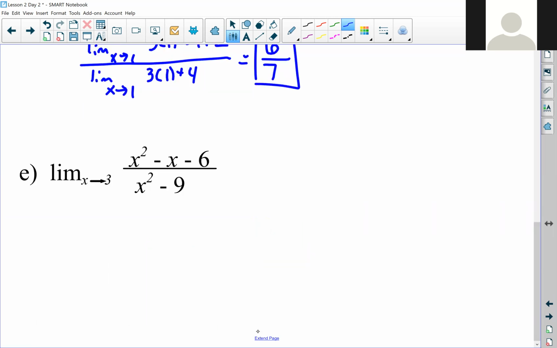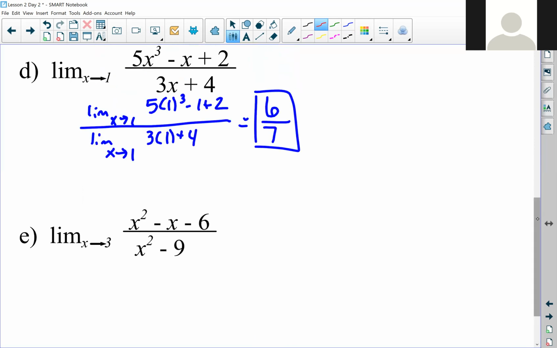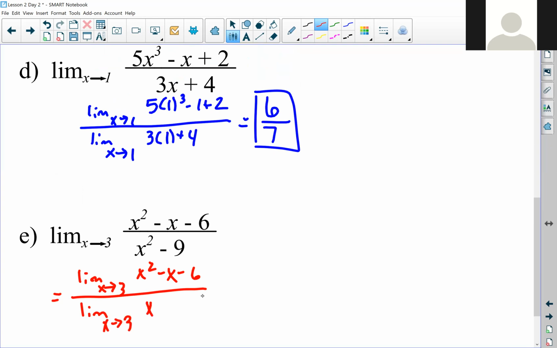However, if you get the denominator to be 0, so if I look at this last example, limit as x approaches 3 of x squared minus x minus 6 over the limit as x approaches 3 of x squared minus 9.